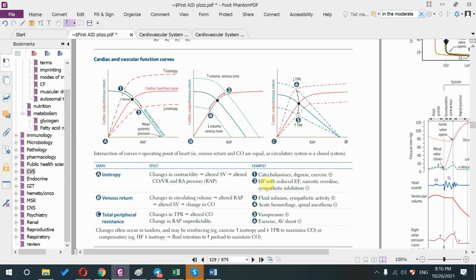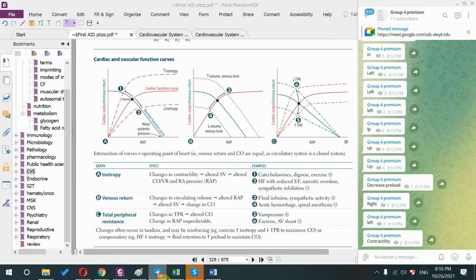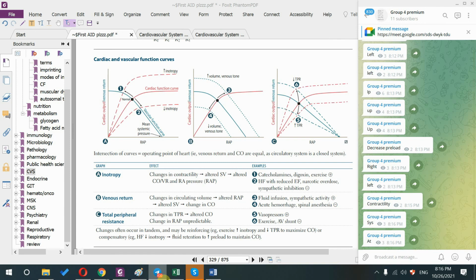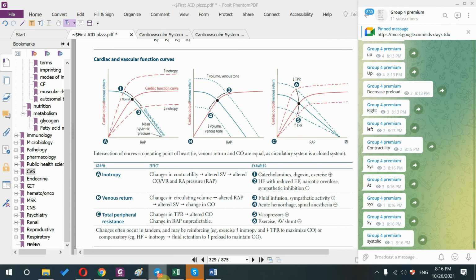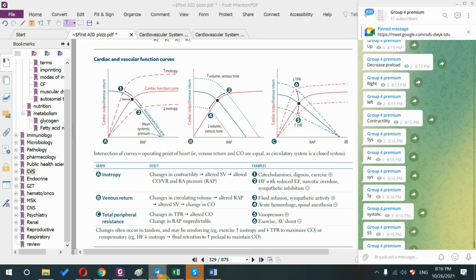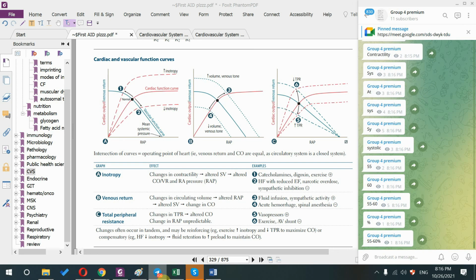While on the other hand, if we speak about heart failure with reduced ejection fraction, is it systolic or diastolic heart failure, guys? Reduced ejection fraction. Systolic, excellent. So systolic heart failure is when you have decreased ejection fraction. What is the normal ejection fraction? 55 or 60, yeah, within this range. Good.